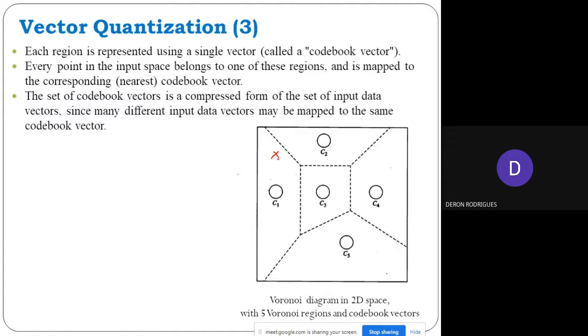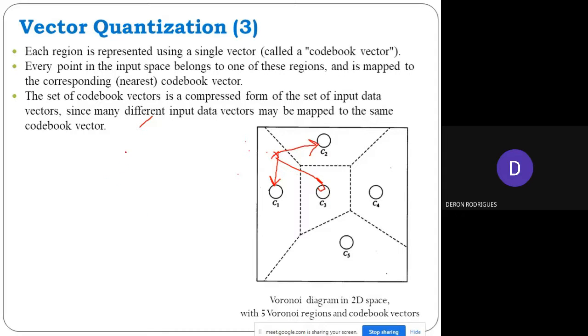I have to find out the distances between this point and all the other code word vectors, say from here to here, then from here to here, then from here to here. Like this I have to find, and whichever is the shortest distance, there I will be assigning.